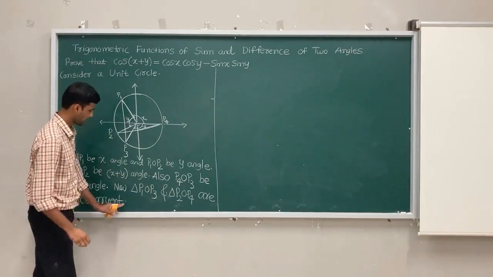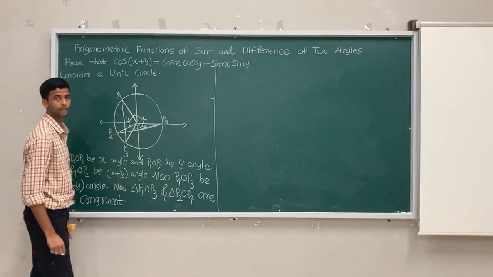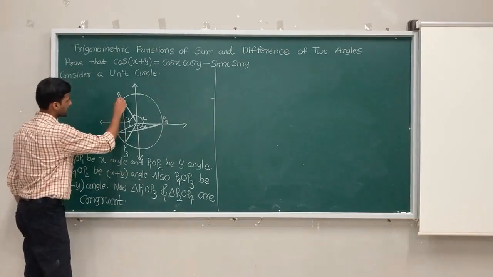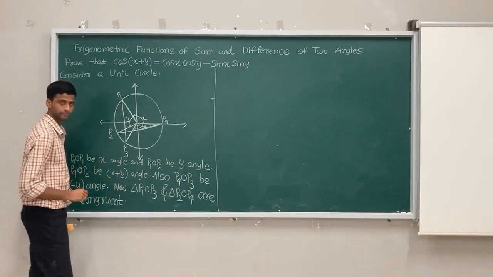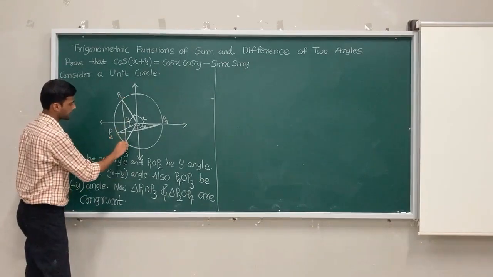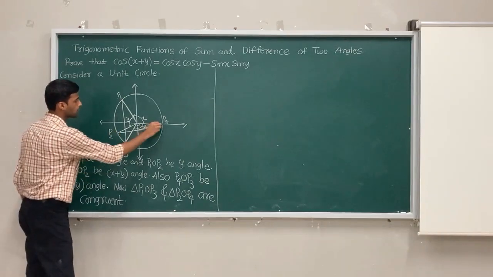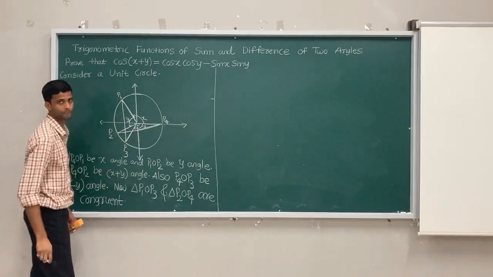Therefore congruent means we can say it has same shape, same size. Means if I take P1P3 of this triangle, it is the same as P2P4 of that second triangle.